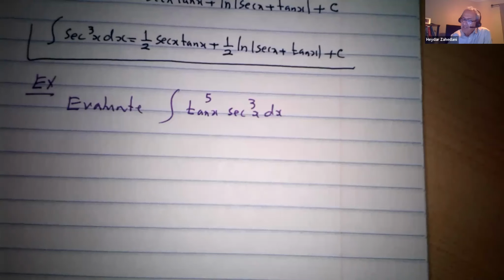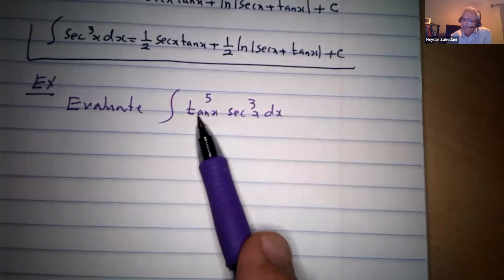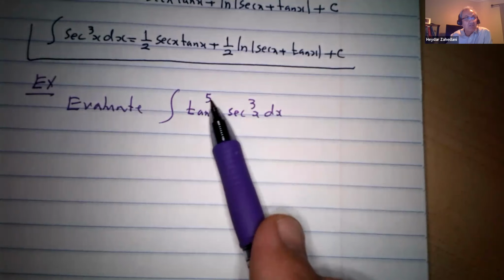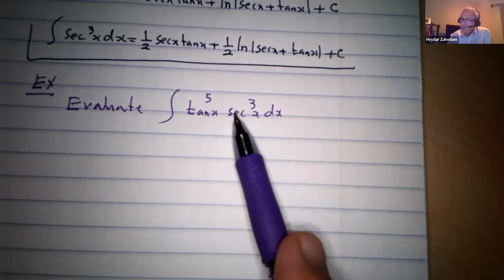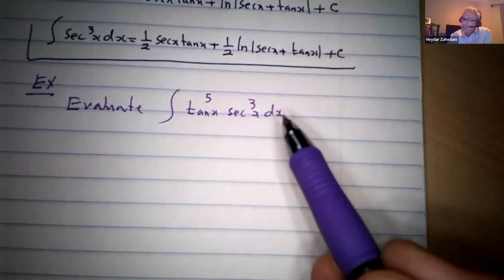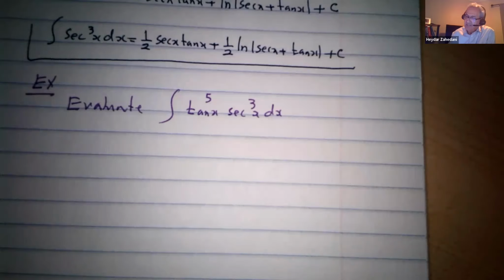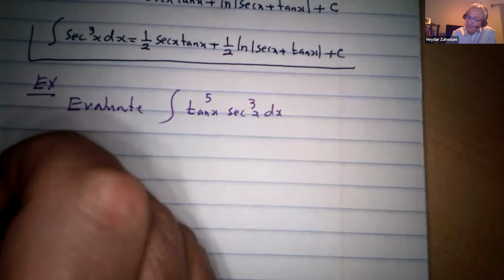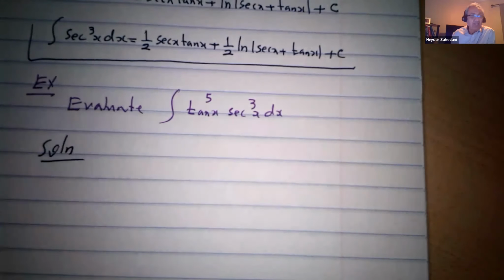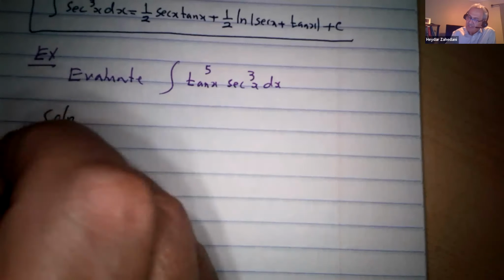But what we can do is, the good thing is, if you take one tangent out of this, you change it to the tangent to the fourth, which is even. And if you pull out one secant of this one, you change it into secant squared. And that would be easy to handle. So that's the case when both of them are odd.